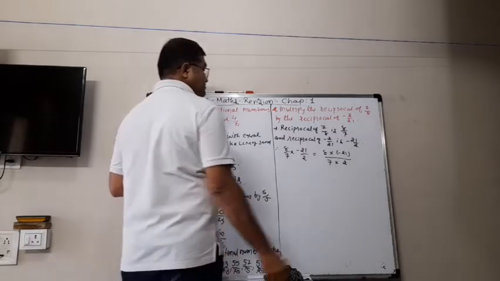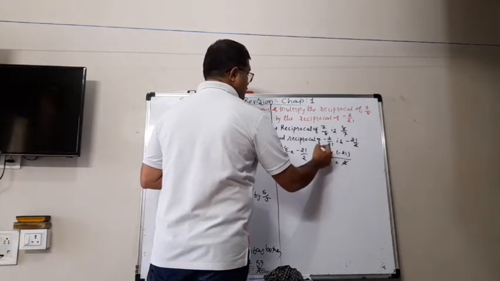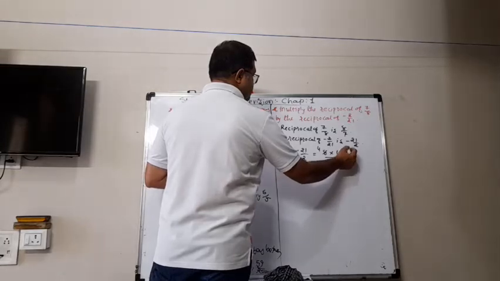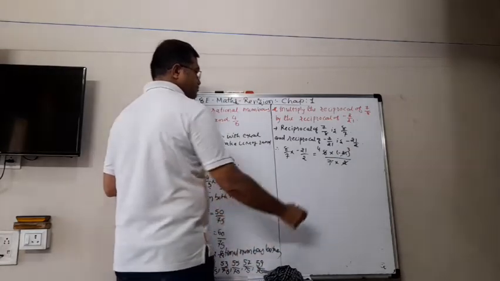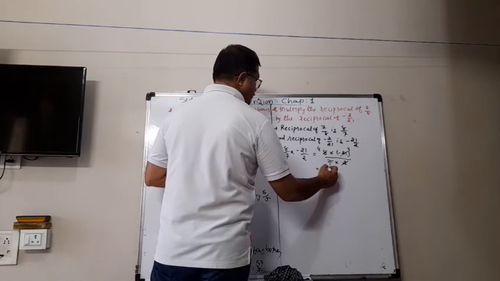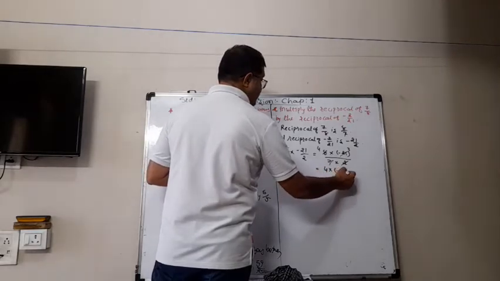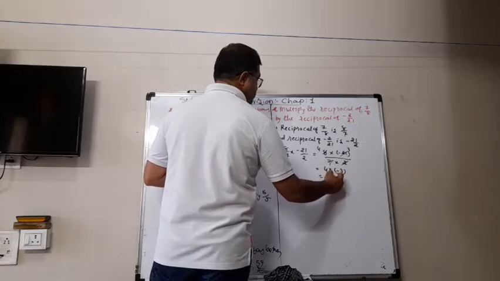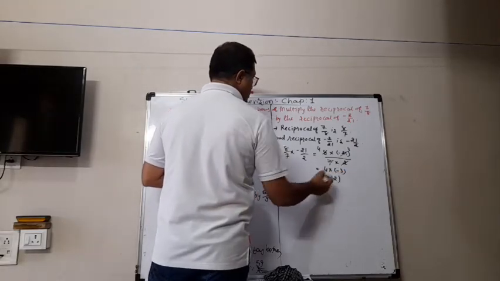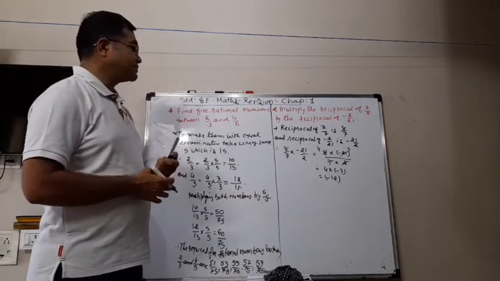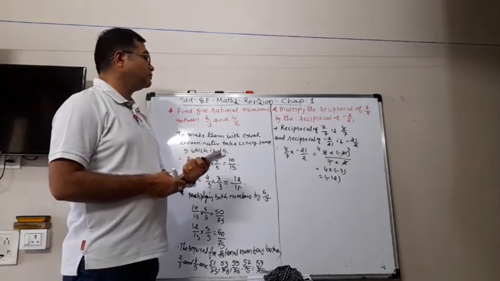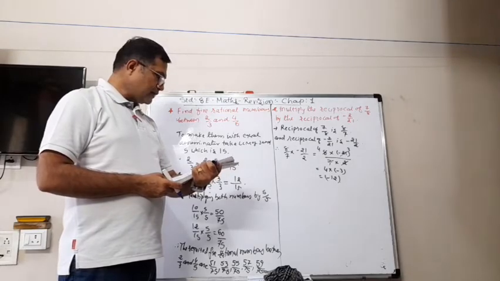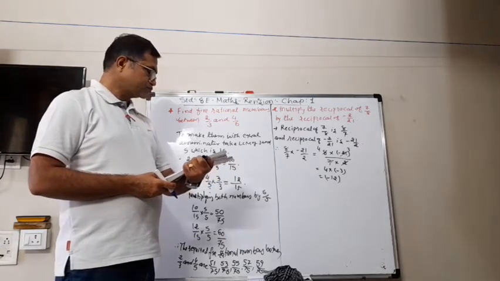Now you can do the cancellation. 2 4s are 8, 7 3s are 21. So in the numerator there is 4 multiplied by minus 3, nothing in the denominator. So 4 3s are 12, and your final answer is minus 12.